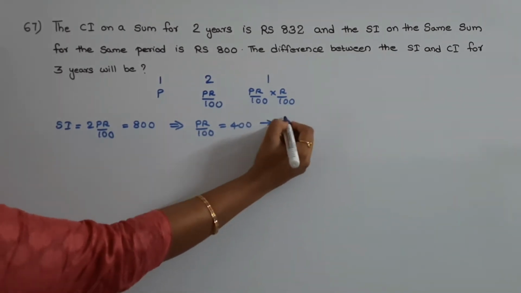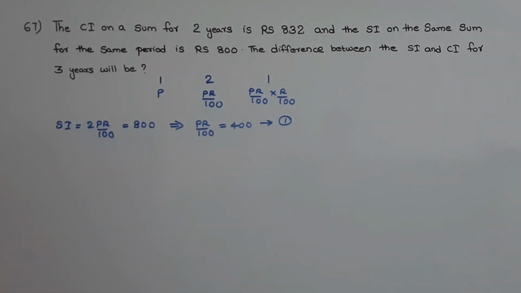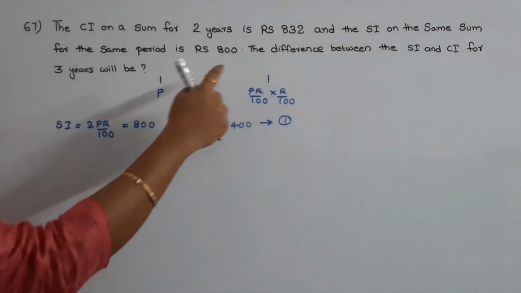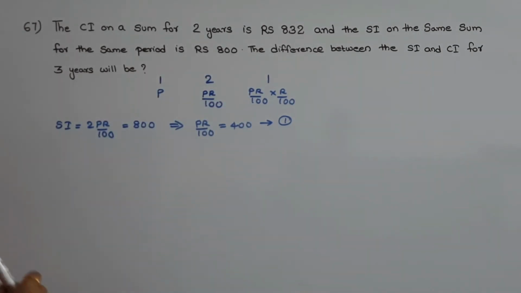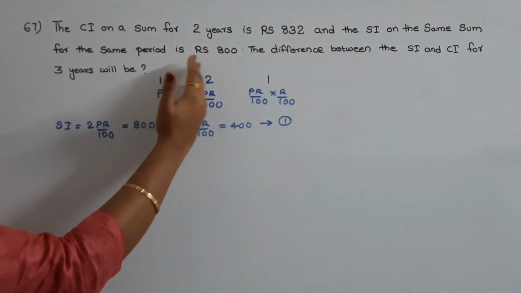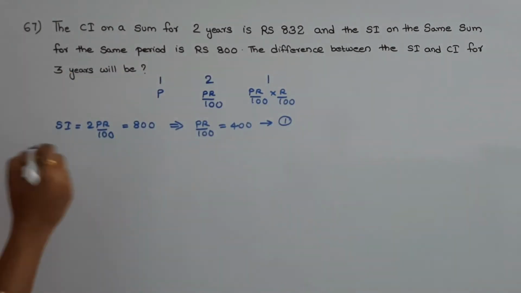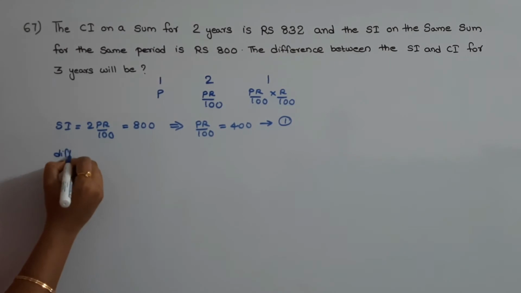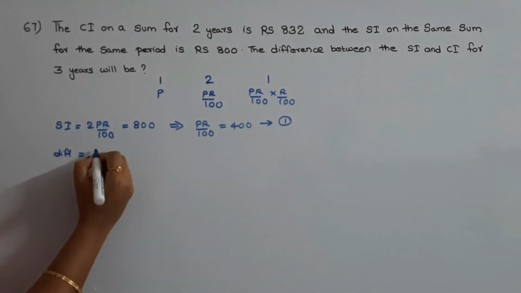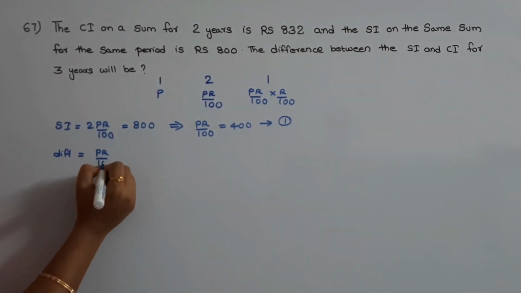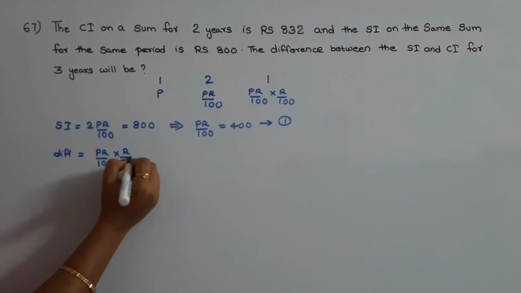So let us consider this as the first equation. Now from this, what is the difference between simple interest and compound interest? If this is for simple interest, this entire part is for compound interest, the difference will be this part. So the difference between simple interest and compound interest will be equal to PR by 100 into R by 100.